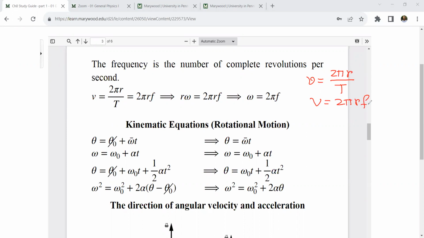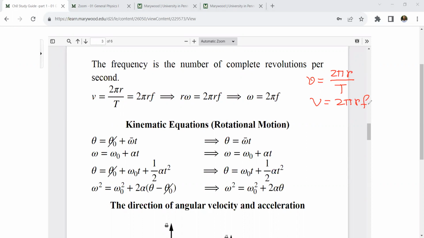Here R is the radius, T is the time period, and f is the frequency. If you forget the concept, please go back to chapter 5 and review it again.